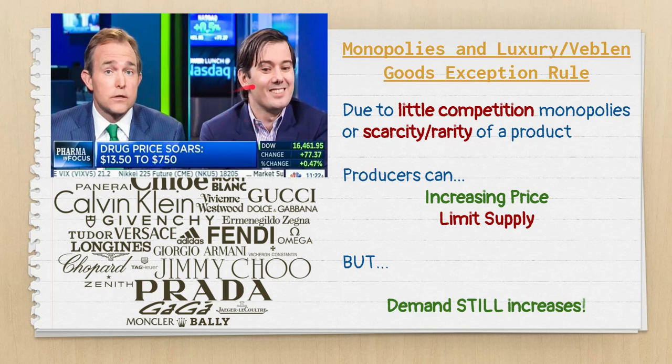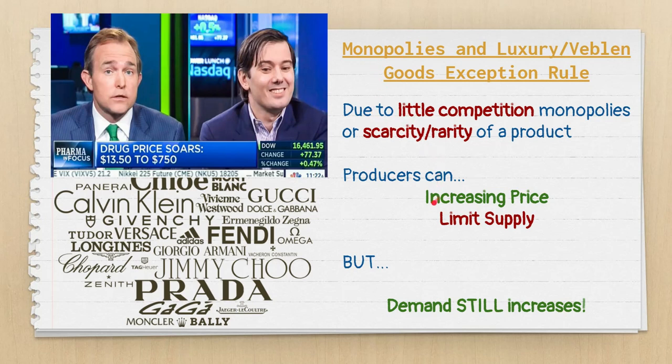Well, here's an example. This is Martin Shkreli. Martin Shkreli bought a drug company. Now, this drug company pretty much had the sole pill, or the sole medicine, to help patients with HIV. Because Martin Shkreli and his medical company had very little competition or no competition, they were essentially a monopoly, especially in America.